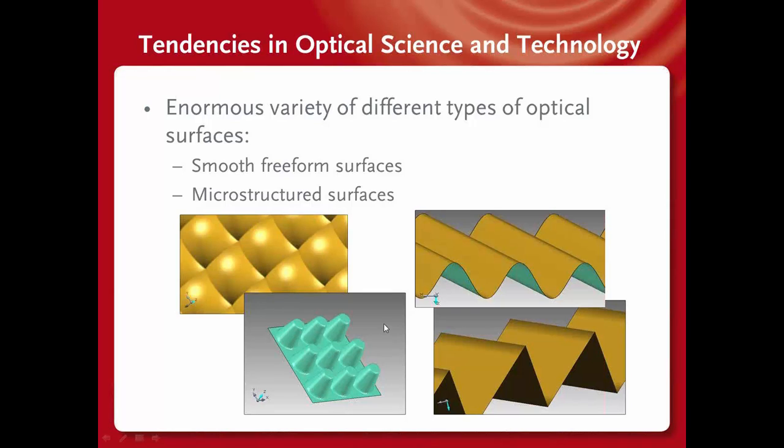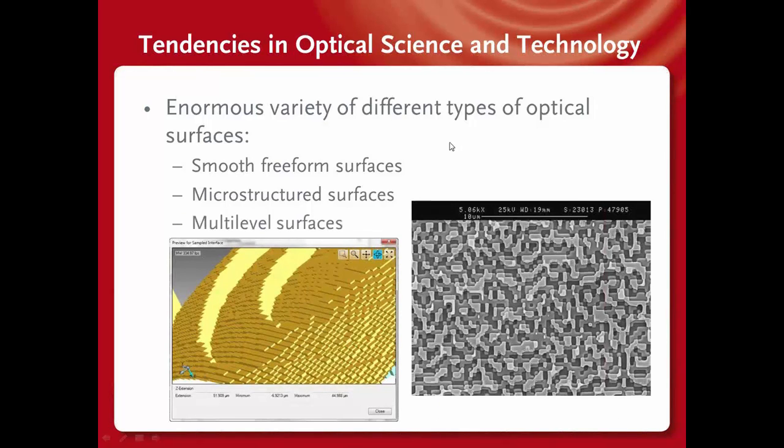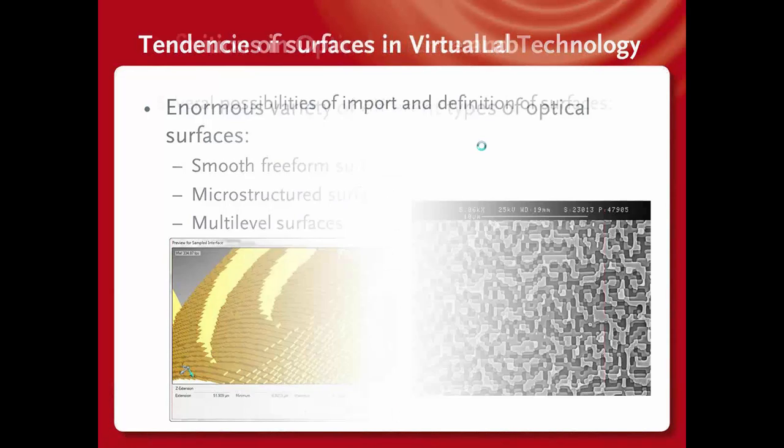Furthermore, VirtualLab can simulate nanostructures. For example, here you see a nanopillar array, which can be used as an anti-reflection structure. Also, multi-level surfaces are very interesting. A classical example is some kind of diffractive optical element or computer-generated hologram, as you can see here.